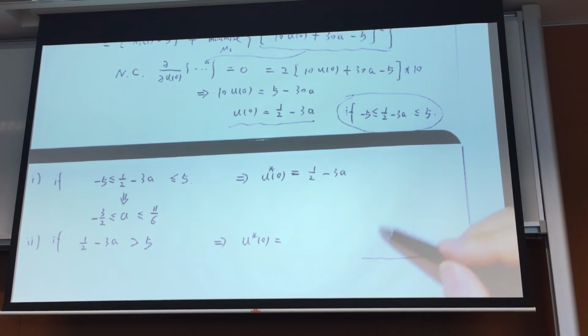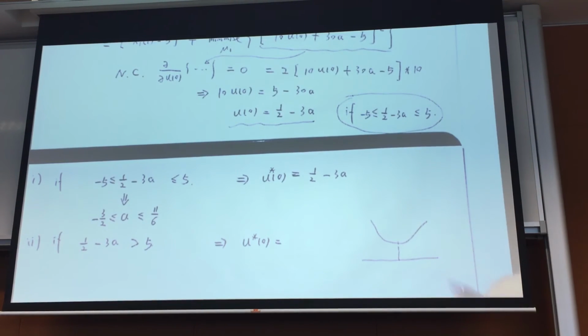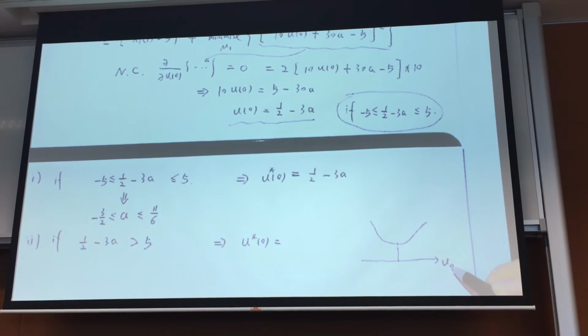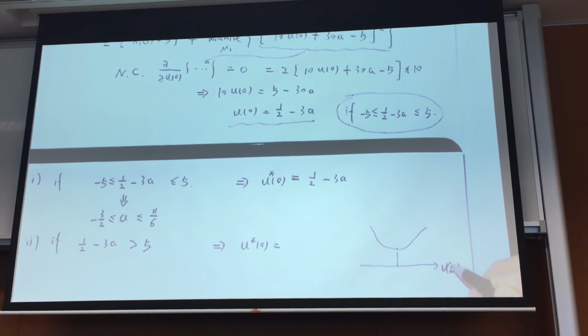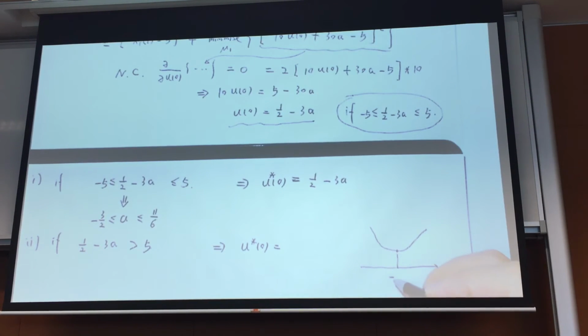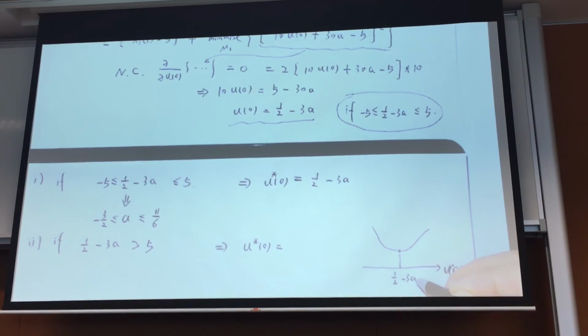If we plot our cost function like here, in terms of u0, the global minimizing point is given by a half minus 3a.